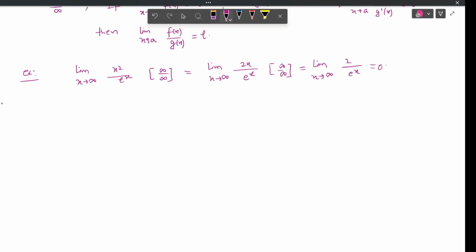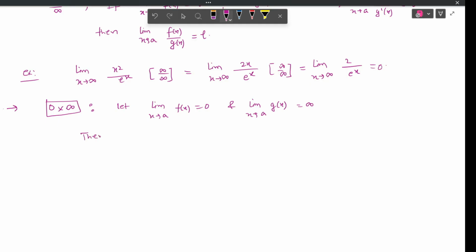Now if we talk about our next form, that is 0 multiplied by infinity form. So let limit x tends to a, f of x be 0, and limit x tends to a, g of x be infinity.